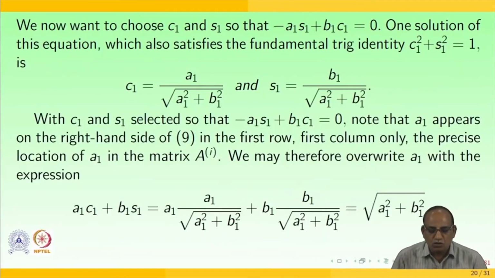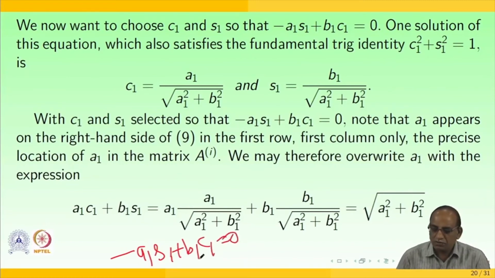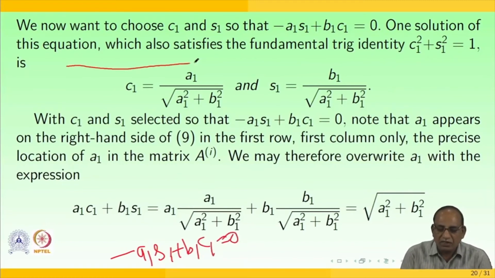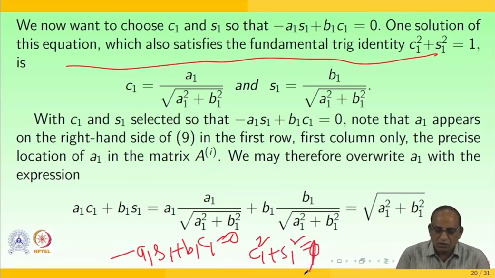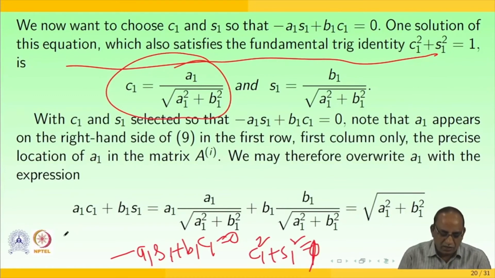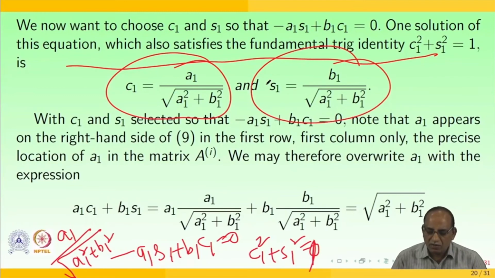We now want to choose C1 and S1 so that minus A1 S1 plus B1 C1 is equal to 0. One solution of the equation, which also satisfies the fundamental trigonometric identity, that is C1 squared plus S1 squared is equal to 1, is C1 equal to A1 upon the square root of A1 squared plus B1 squared, and S1 is nothing but B1 upon the square root of A1 squared plus B1 squared.